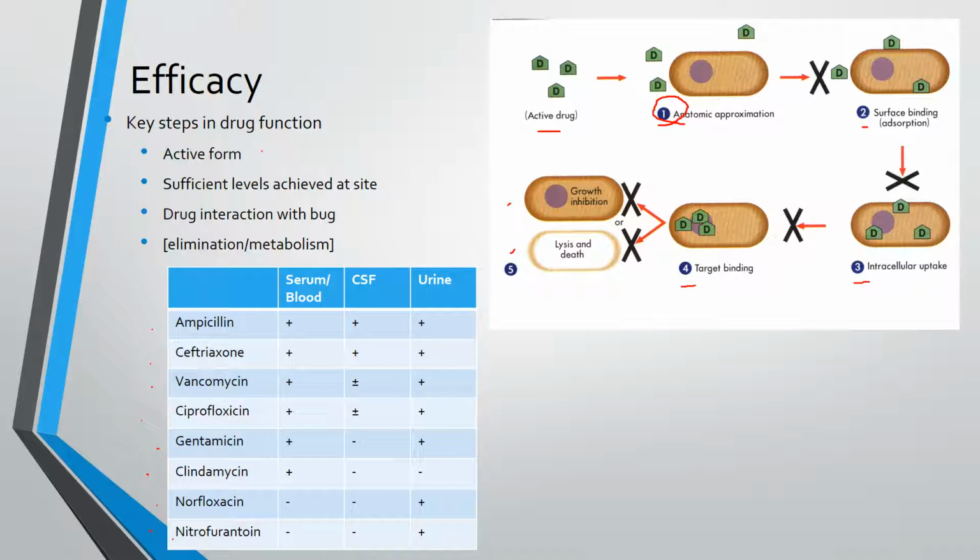It has to be able to be taken up by that organism, and it actually has to work against the target, leading to either bactericidal effects or static effects. If you have a problem with any one of these, we can end up with a failed antibiotic therapy.